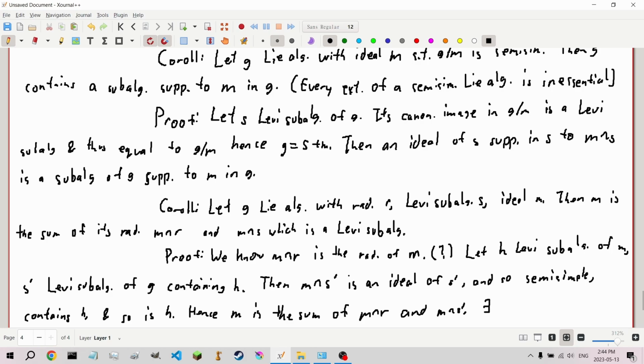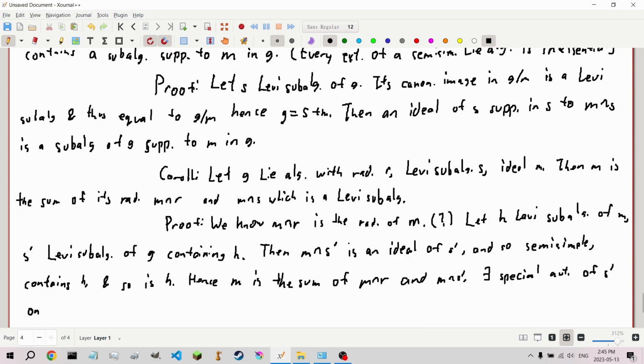There exists a special automorphism of S mapping S prime onto S. I should use a better word here. It's not legible, but I don't have any space, so I can't really fix it.